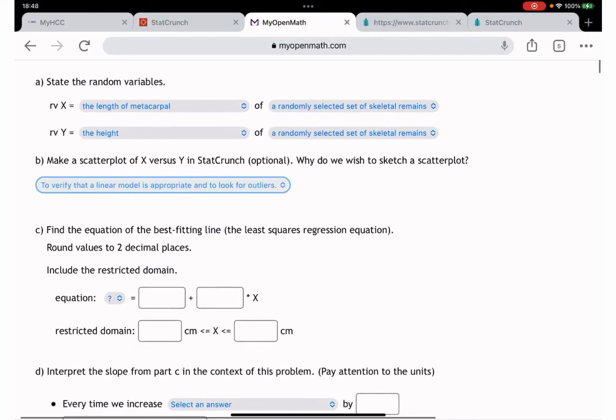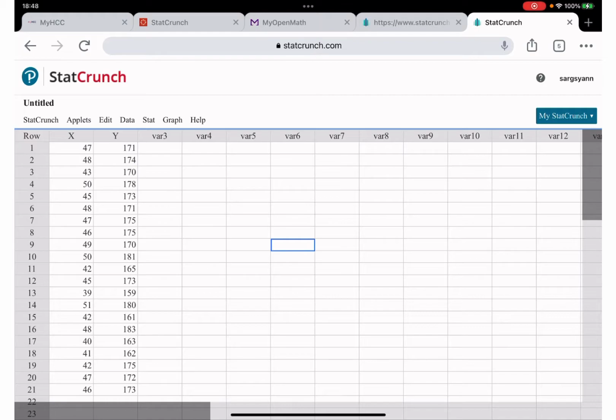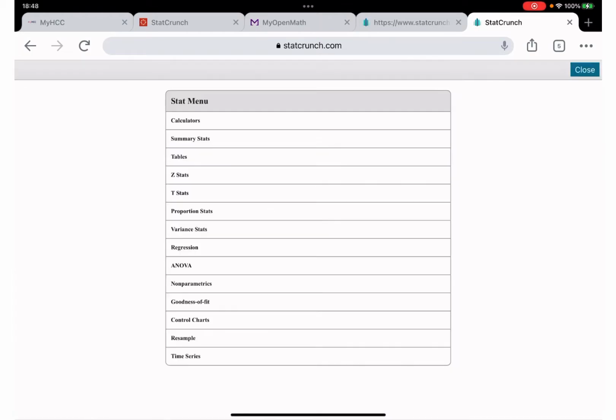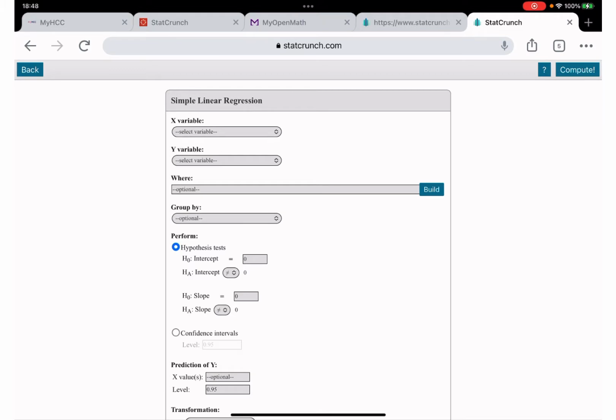Now here we are going to use StatCrunch. Since I already copied and pasted, I'm going to click Stat, then Regression, Simple Linear. Here I'm choosing X, choosing Y, and Compute.